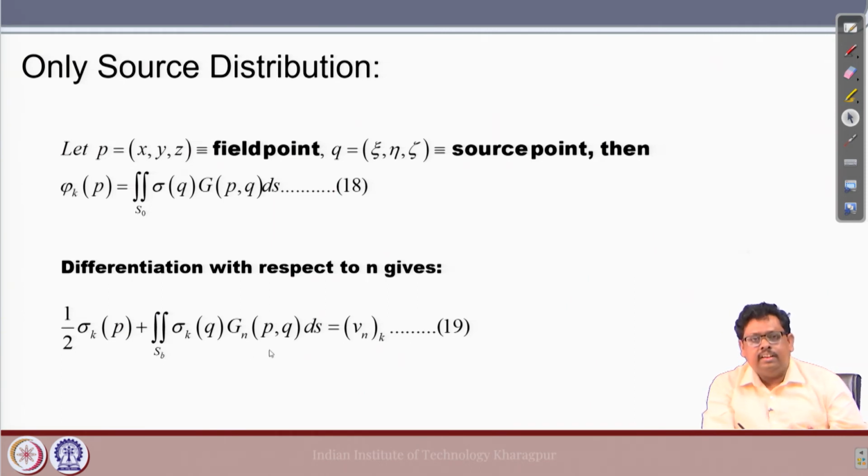You know the Green's function del g del n, and the only unknown is sigma. Therefore, first we solve equation 19, I get the expression for sigma, and then I substitute that expression in equation 18, and then I get the value for phi.